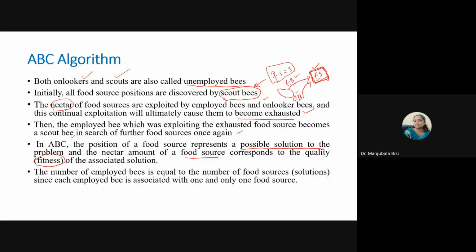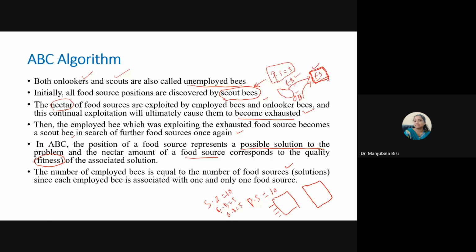So the number of employed bees is equal to the number of food sources. Whatever number of solutions there were in the differential evolution algorithm or the genetic algorithm, if our population size or swarm size is 10, then randomly we generate 10 solutions. But in the ABC algorithm, if the swarm size equals 10, we have to consider the number of employed bees equal to 5 and the number of onlooker bees equal to 5.